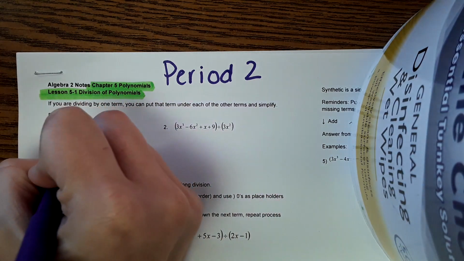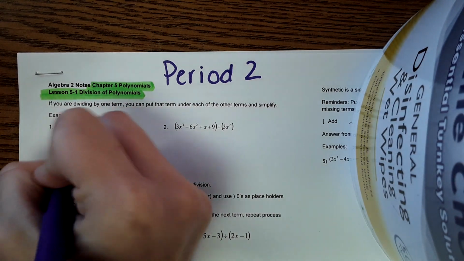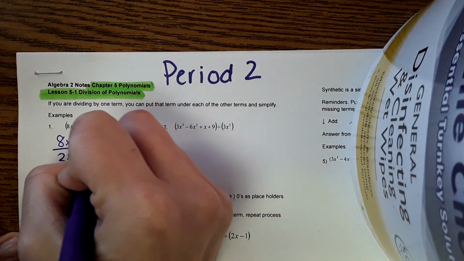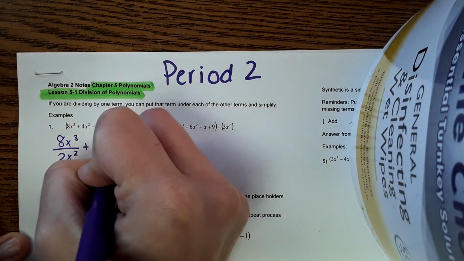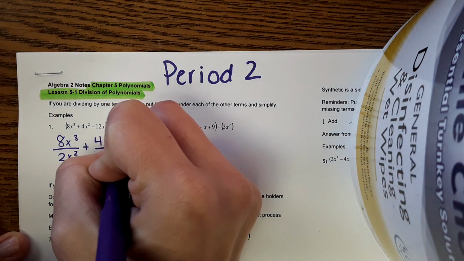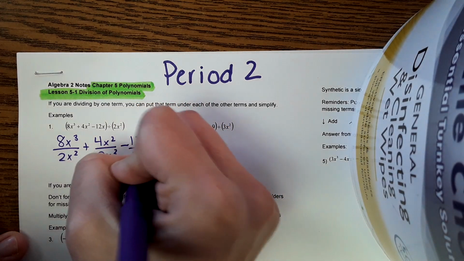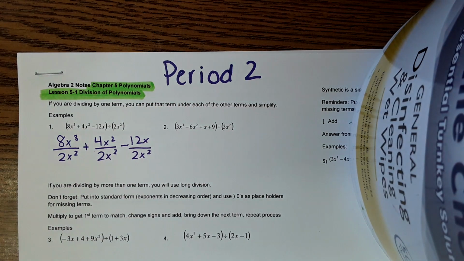8x cubed divided by 2x squared plus 4x squared divided by 2x squared minus that.